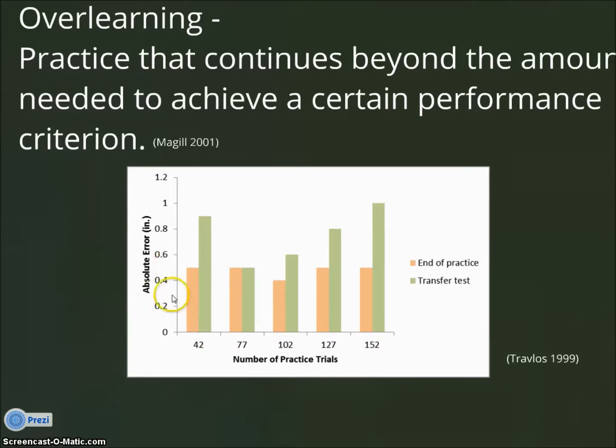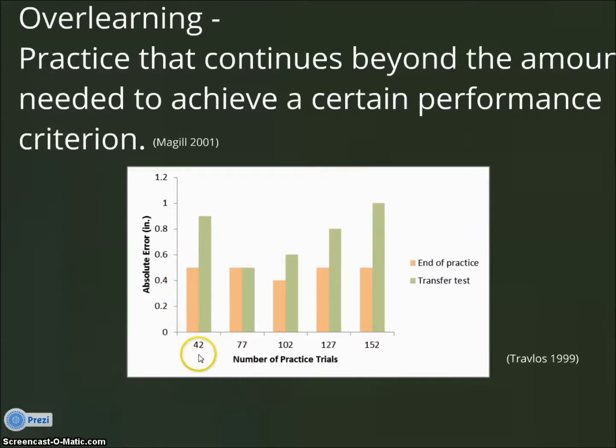The peach coloured bars are the results of the test at the end of the practice session, and the green bars are the results of the transfer task. So these people have been practicing drawing lines 5 centimetres long. At the end of the practice they did a post test, which is the results that we see here.